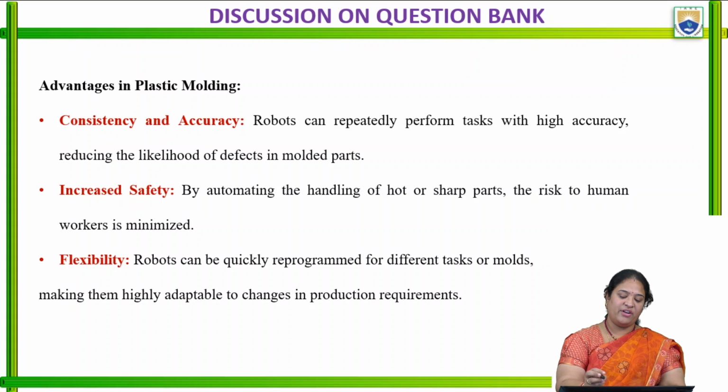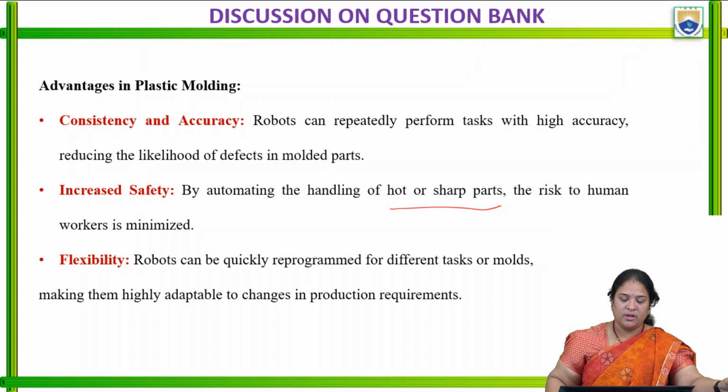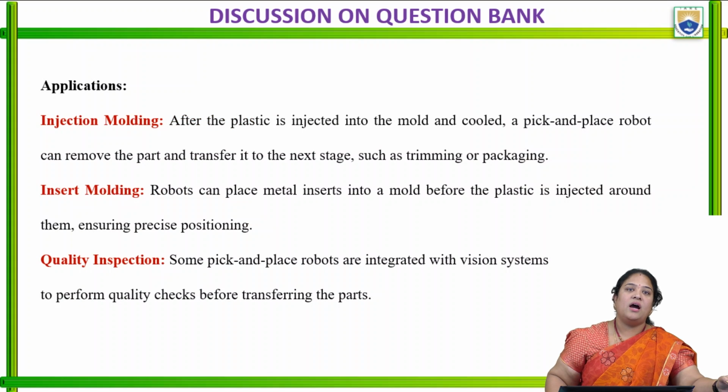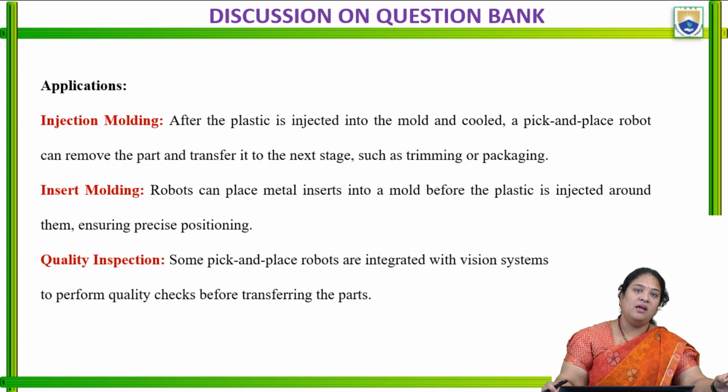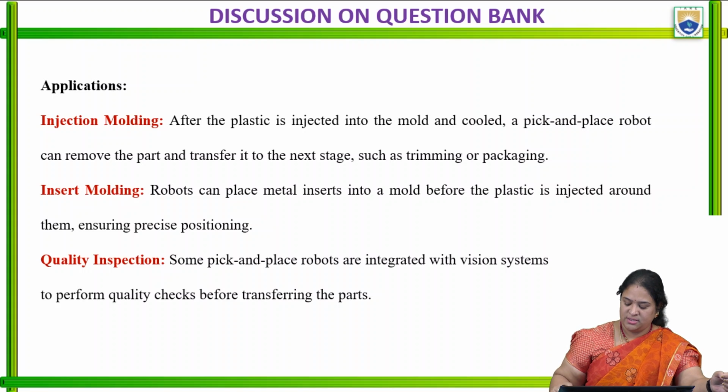So when we are using the robot, it reduces the risk to human workers. Then flexibility: robots can be quickly reprogrammed for different tasks or molds, making them highly adaptable to changes in production requirements. The best applications are injection molding, insert molding, and quality inspection.